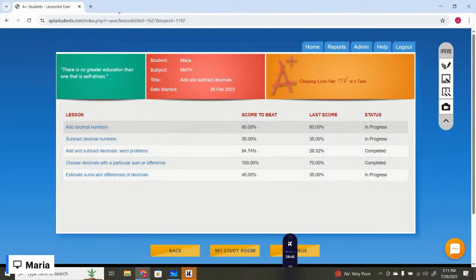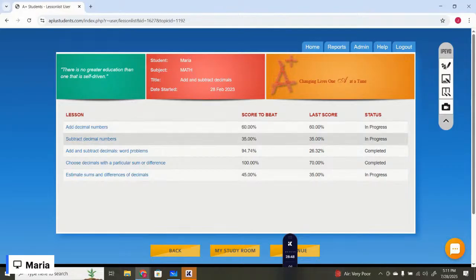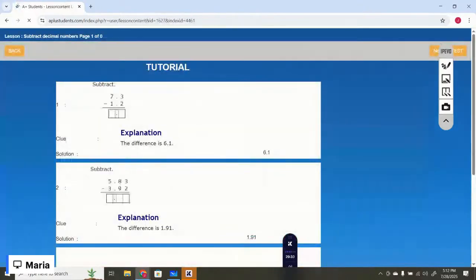Subtract decimal numbers. Let's just start with the next lesson. So exactly the same way we do subtraction, we just need to line up the numbers according to the decimal point, right?